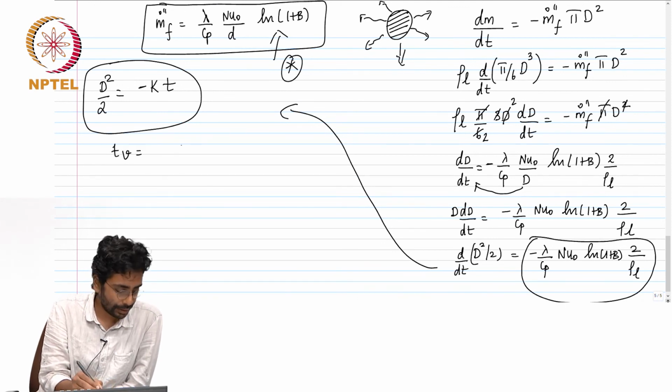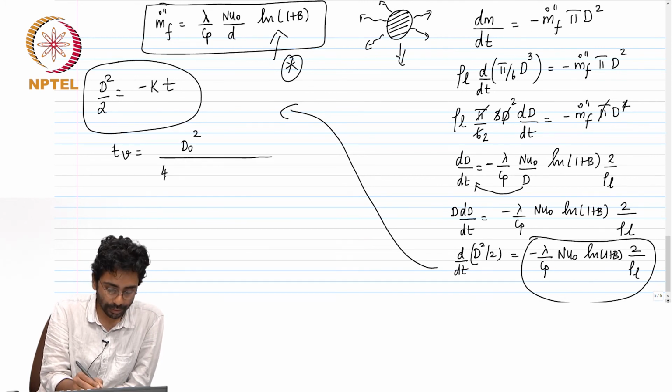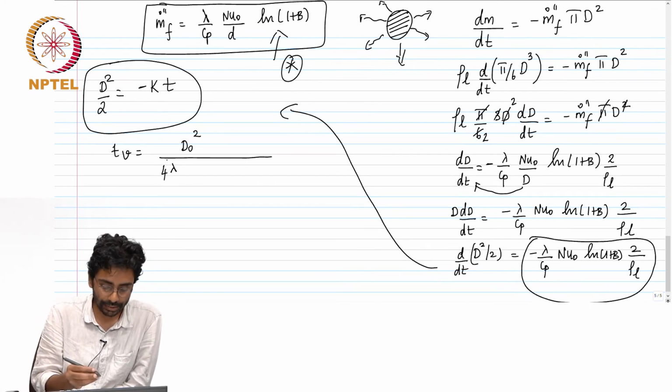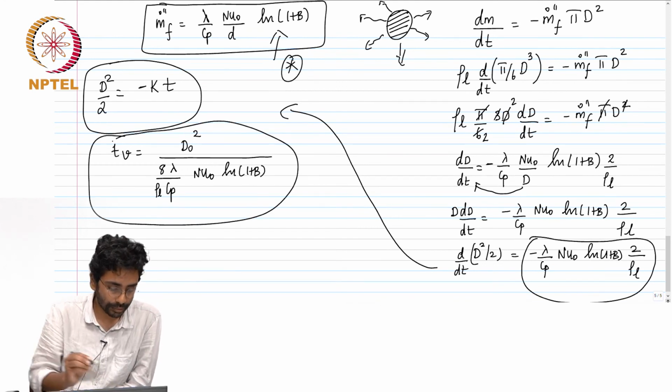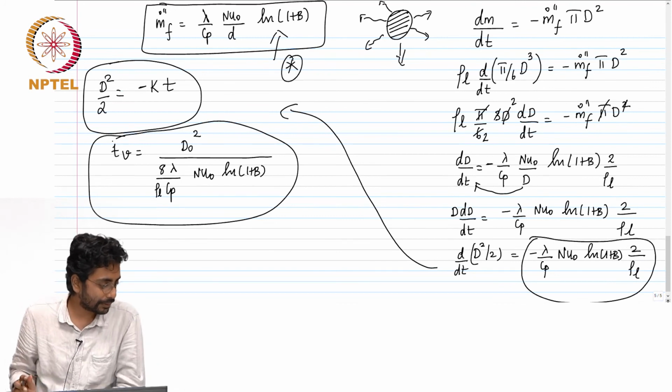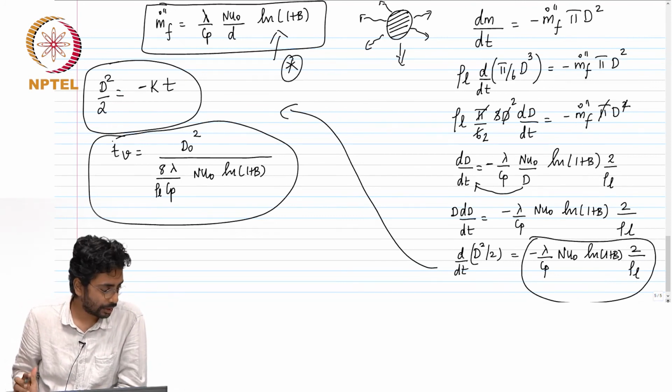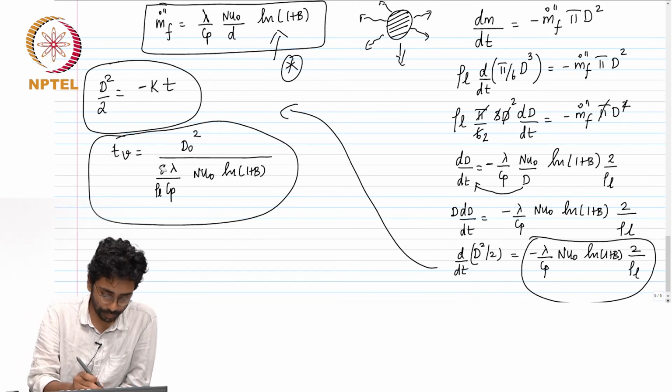Vaporization time is d 0 squared by 4 lambda, actually it will be 8 lambda because there is another additional 2 sitting there, 8 lambda by rho L Cp nu 0 logarithm 1 plus b. This is our d square law, which we have gotten from very simple arguments. It looks like I may be wrong, you please recheck the algebra, this is still going to be only 4.